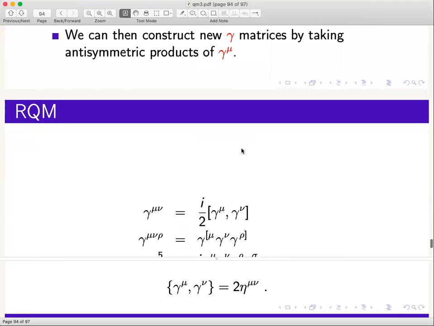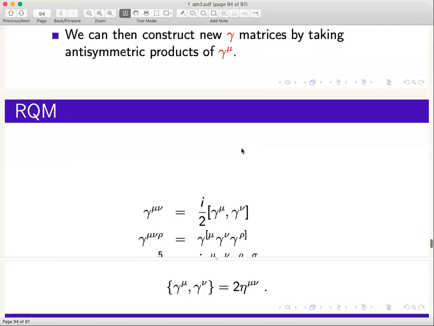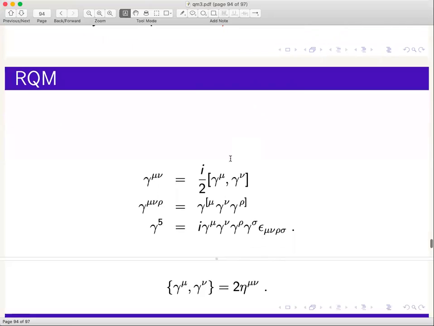So suppose you write down gamma matrices. Then you could write down gamma mu nu, which is a commutator of gamma matrices. This quantity is essentially a product of gamma mu with gamma nu.